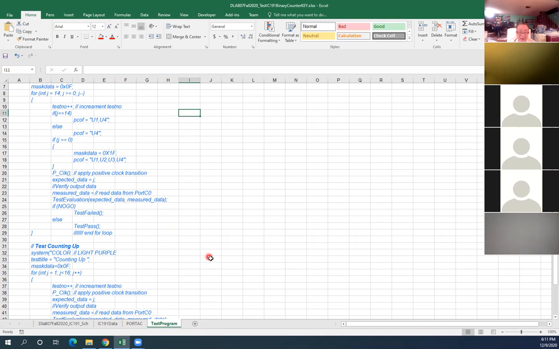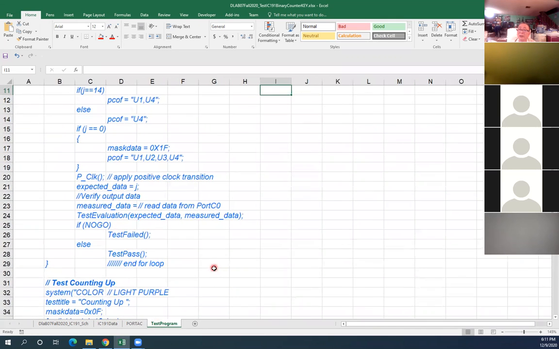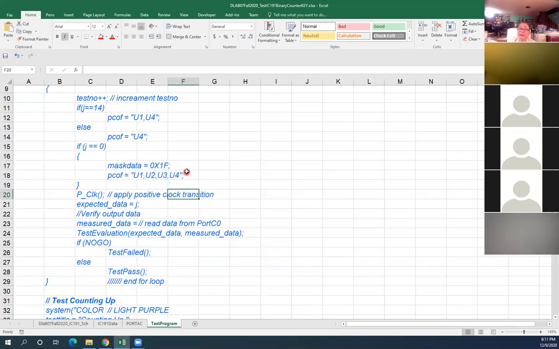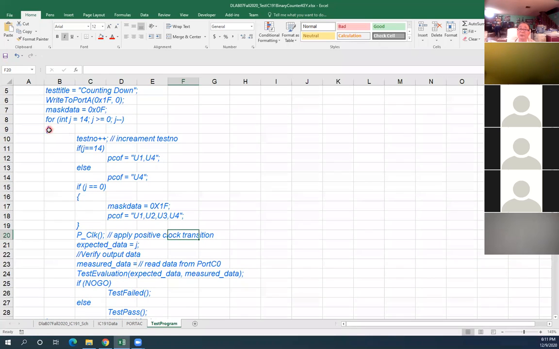Okay, let's see. You see on the counting down, for integer j equal 14, j greater than or equal 0, j minus minus. So the first line will be increment the count number.